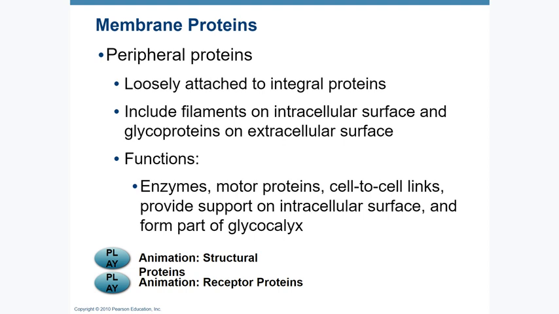So they either speed up reactions, move the cell around, connect via gap junctions or tight junctions. They provide support, so they provide anchors for the microfilaments, extracellular matrix, and they can also form parts of the glycocalyx, which is the outside of that cell.